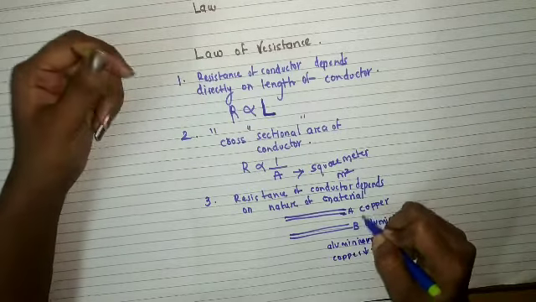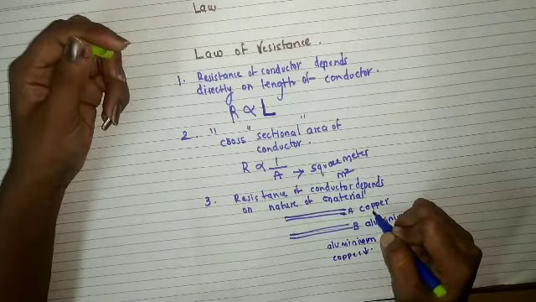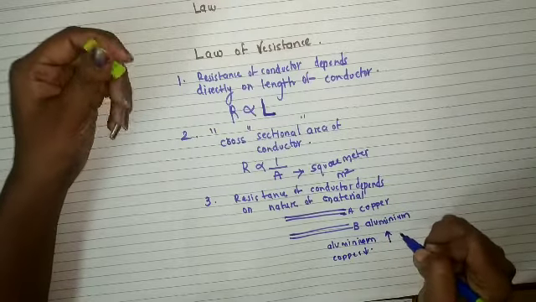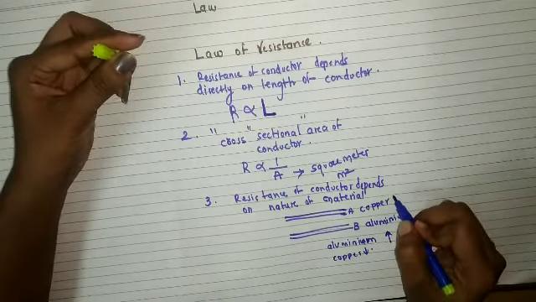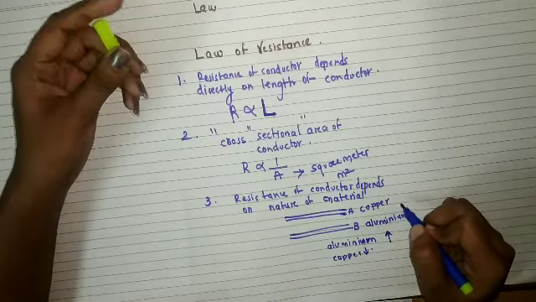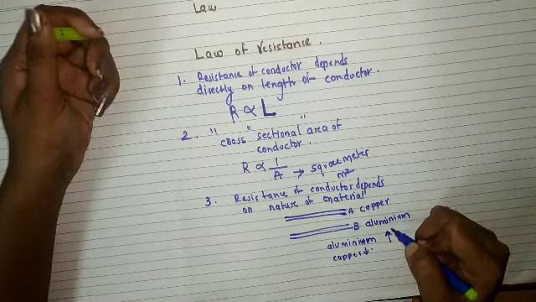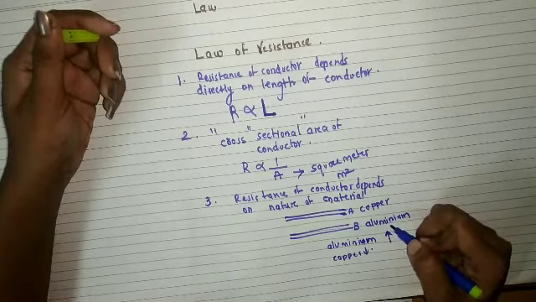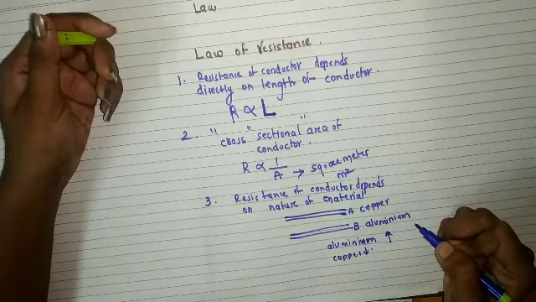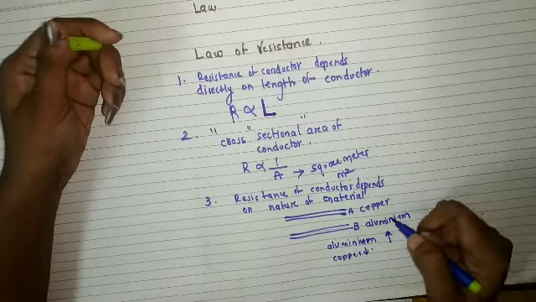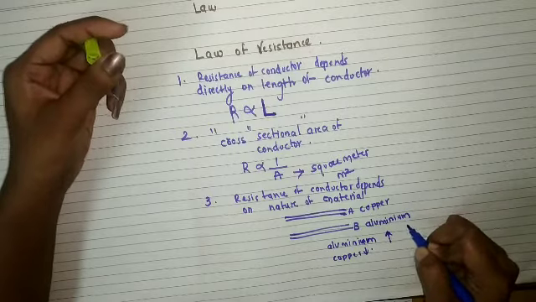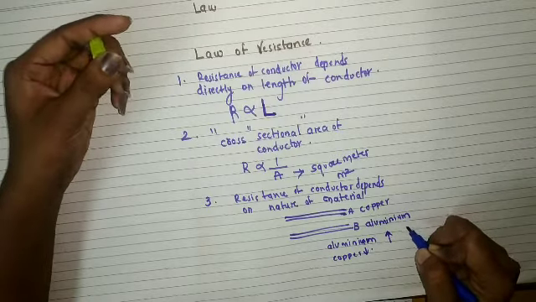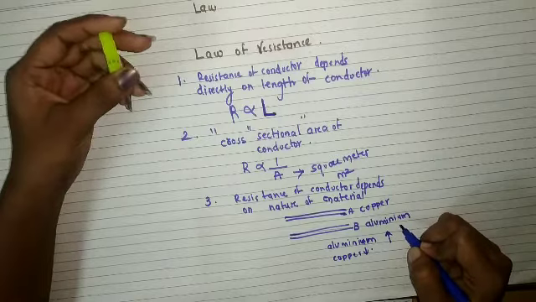Both copper and aluminium are conductors, but as I said earlier, each has its own resistance, so the resistance value may differ by the material. The resistance of aluminium is more than the resistance of copper.